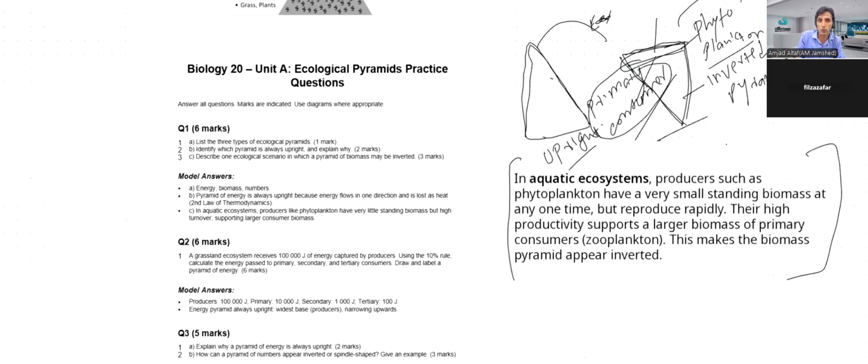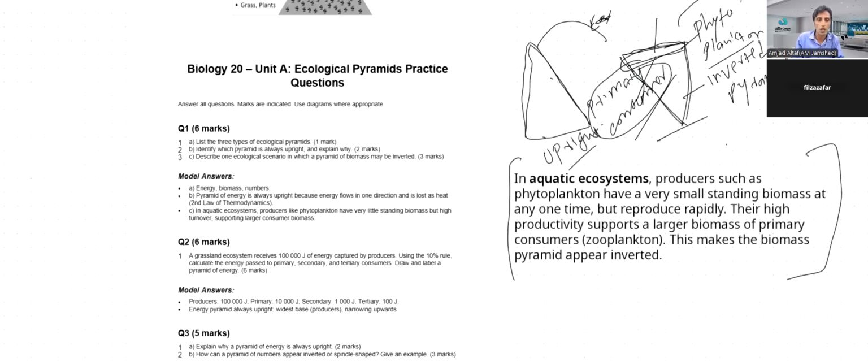Suppose those primary consumers are zooplankton, and they grow large in size and number, and will be utilized by fishes. Definitely fishes are fewer than the zooplankton, because if the zooplankton are 1000, it's possible that 200 or 300 fishes will be there in that specific area. Does that make some sense or not?